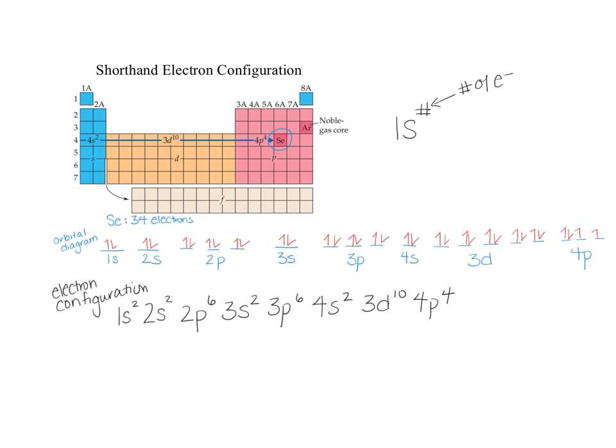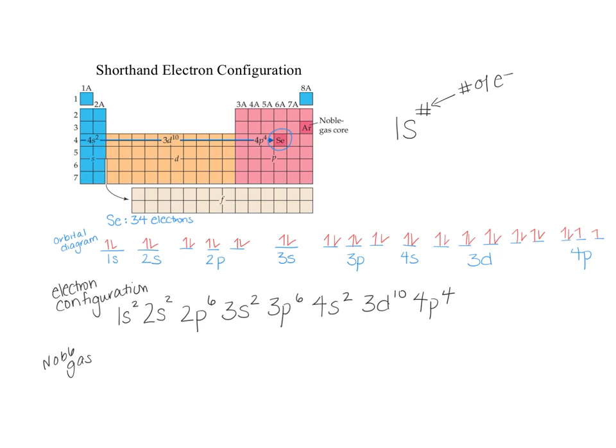But that's still a lot of writing, right? And so one of the further shorthands is the noble gas configuration. What we do with the noble gas is, there's selenium. We go back here and say, okay, argon is the noble gas that comes before selenium on the periodic table.